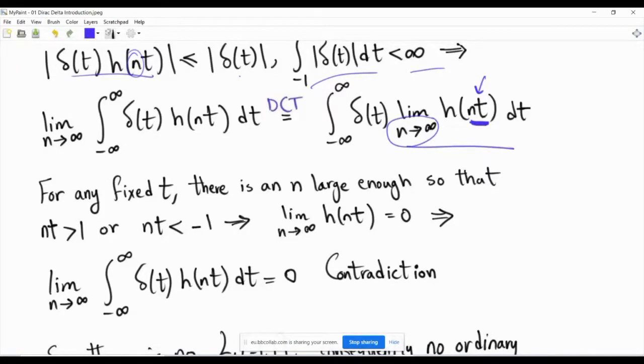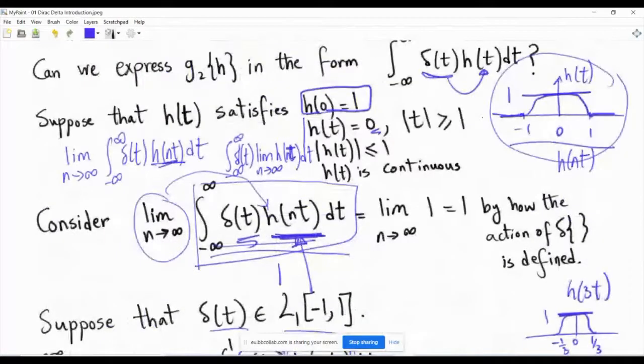Give me a positive t, and I can give you an n, a natural number that is large enough such that n multiplied by t will exceed 1. And if it exceeds 1, by definition, this function we are working with is 0 once its argument is greater than 1 in magnitude.